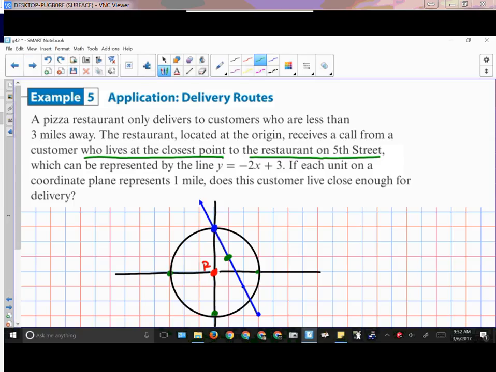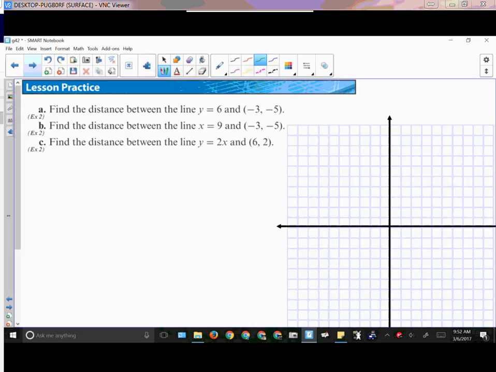So what I'm going to do is give you 3 minutes to do these 3 problems. So here we go. First point. Let's see, -3, 1, 2, 3, 1, 2, 3, 4, 5. So there we are.